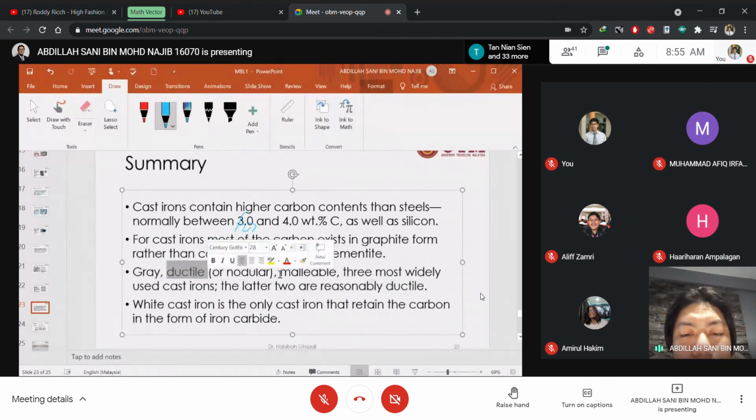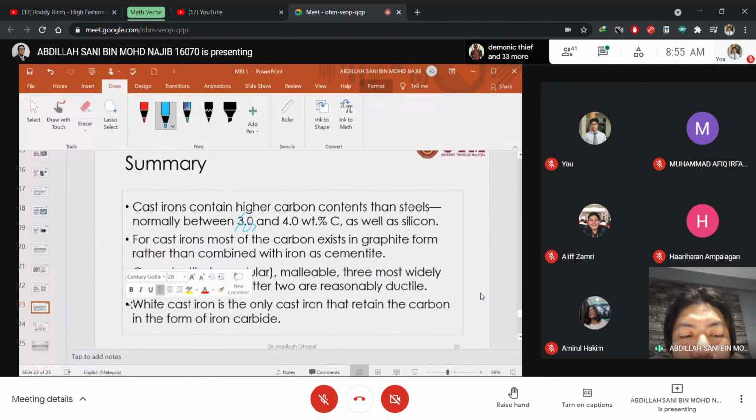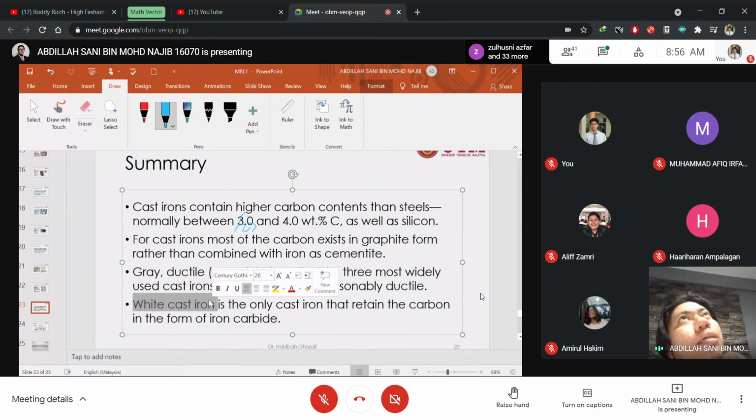So for ductile and malleable, as we know, the graphite shape is round or sphere-like, or an irregular nodule for the malleable. So it is more ductile compared to flakes like gray cast iron. White cast iron is the only cast iron that retains carbon in the form of iron carbide, because the solidification occurs at a fast cooling rate.